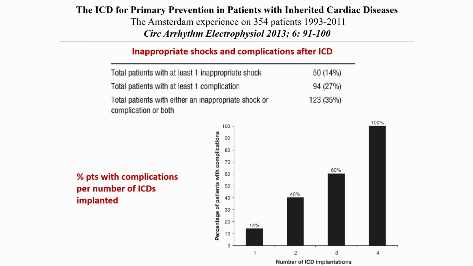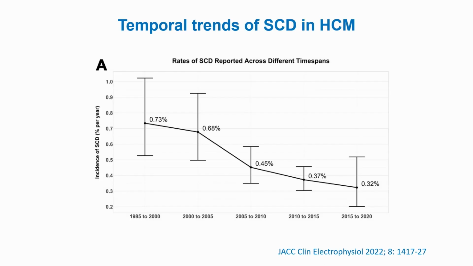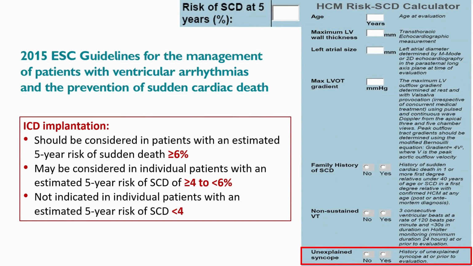4 ICDs. The good news is that the temporal trend of sudden cardiac death has decreased in the last 20 years, from 0.73% to 0.32% in recent years. Probably this decrease is due to the development of risk scores and the new American and European guidelines.